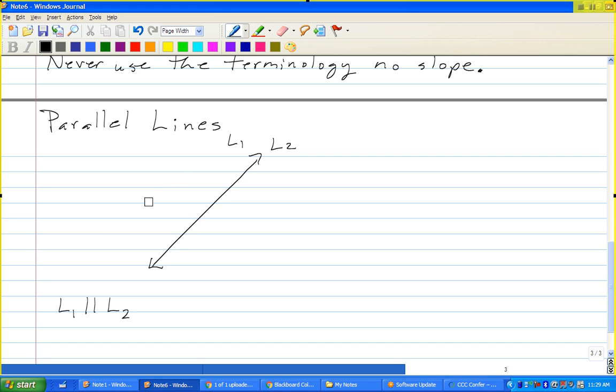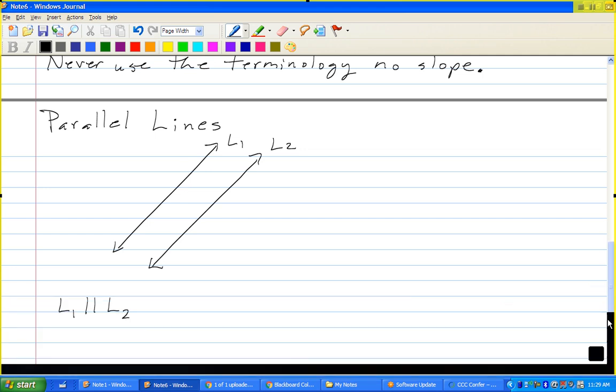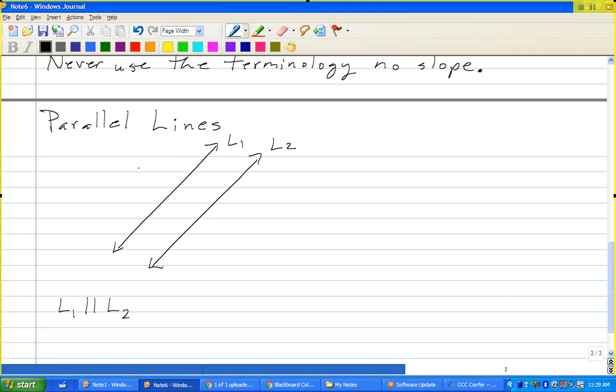If these two lines never cross paths, they never intersect at any point, then we say that they're parallel.